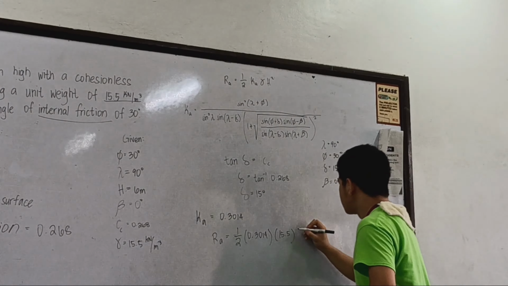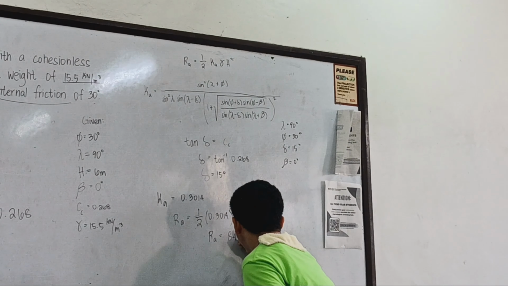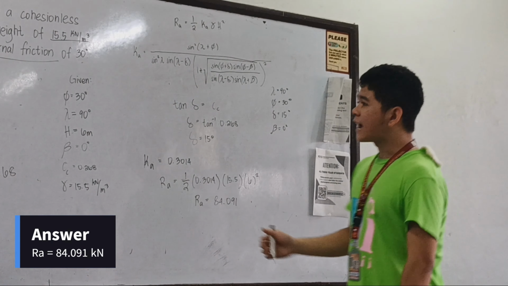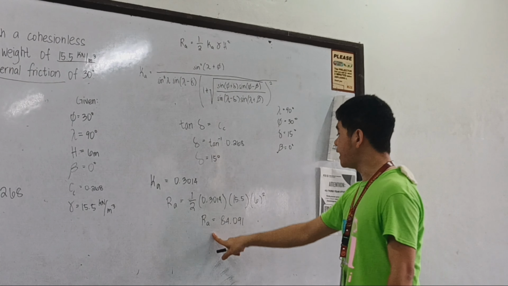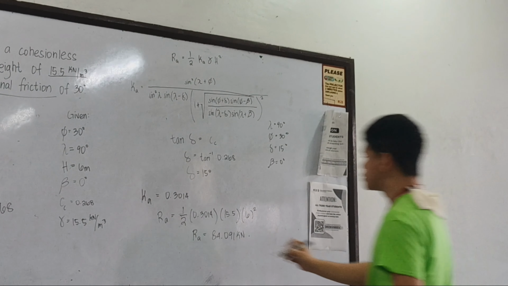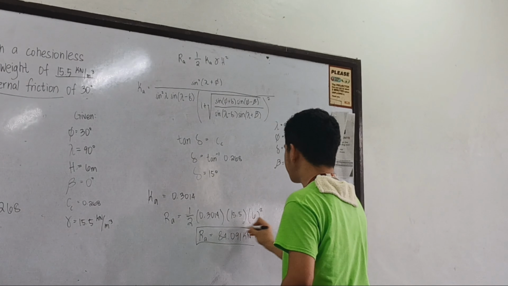So RA is equal to 84.091 kN. It is a force. So this is our answer for active pressure.